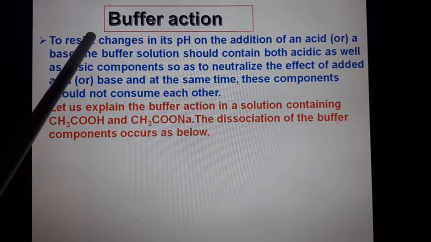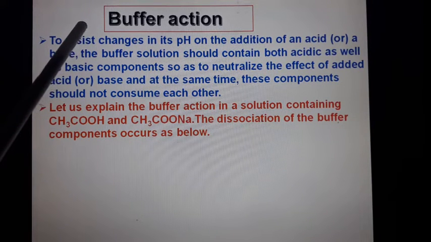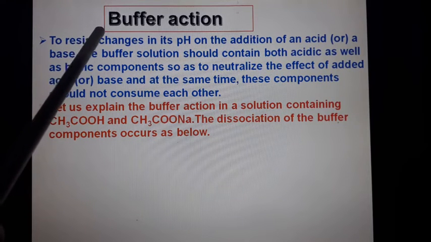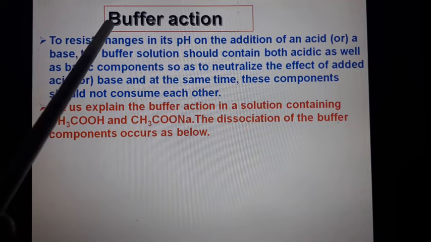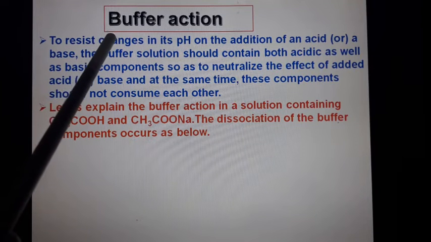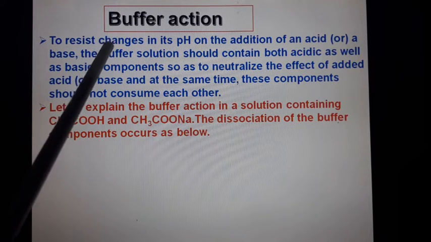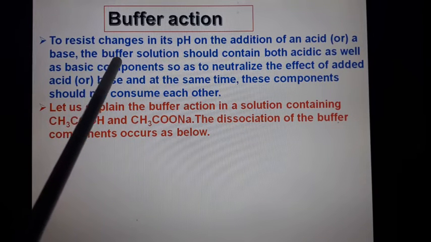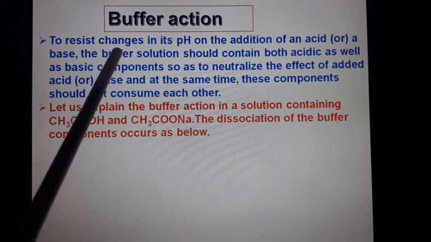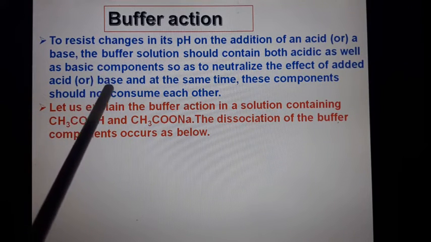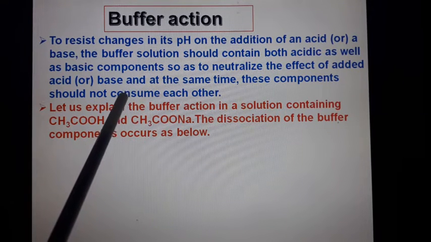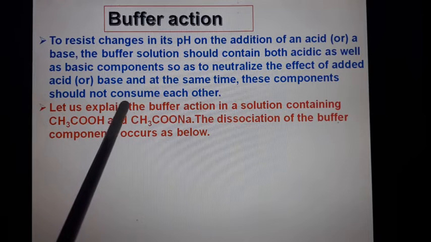If we add a small amount of acid or base, the buffer solution should maintain both acidic as well as basic components to neutralize the effect of the added acid or base at the same time. These components should not consume each other. This is the condition.